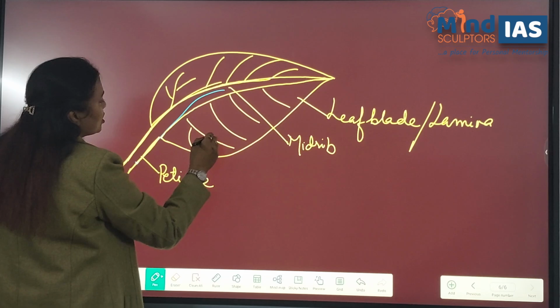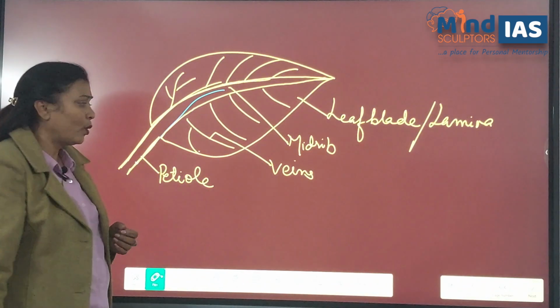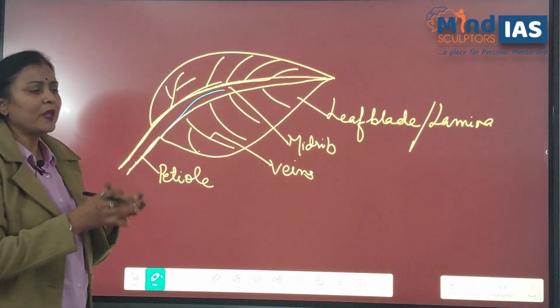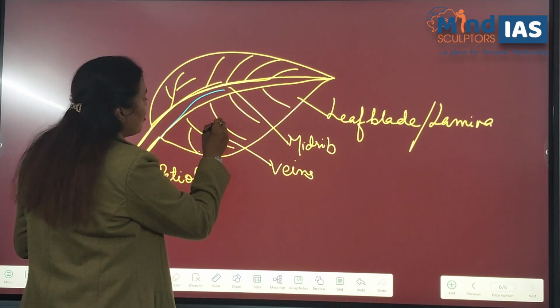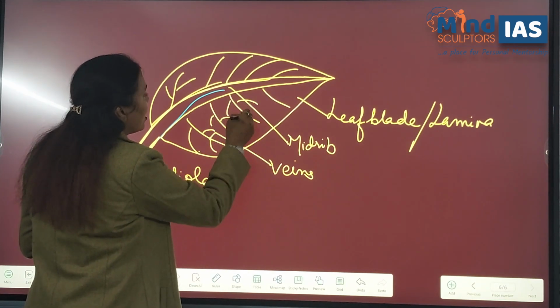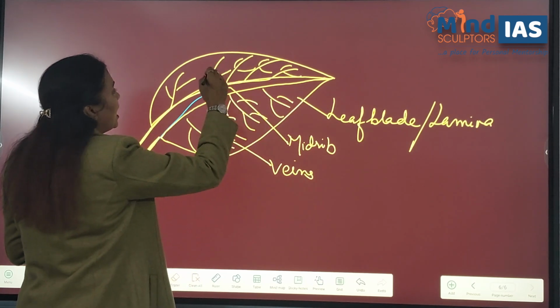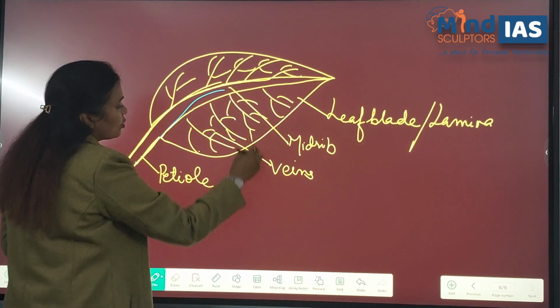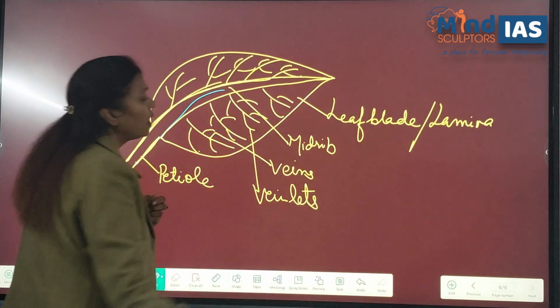These structures are called veins. And if you look very closely at leaves, from these veins some more structures are also coming out, and they are forming a network-like structure on the leaf. This is called veinlets.